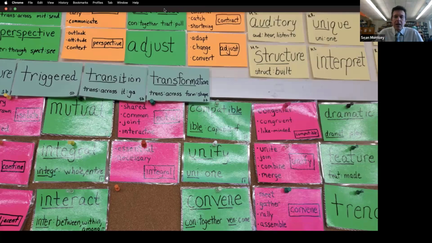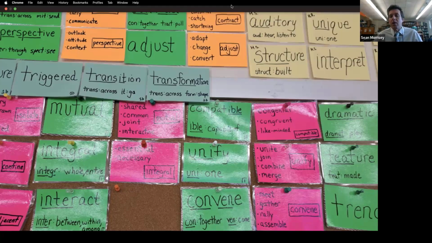If you notice, I like to put roots and prefixes with the words. Like if you see unify in the middle there, oh, uni means one. So then the kids are constantly thinking, oh, other words that have uni in them might have to do something with one. Or words like convene.